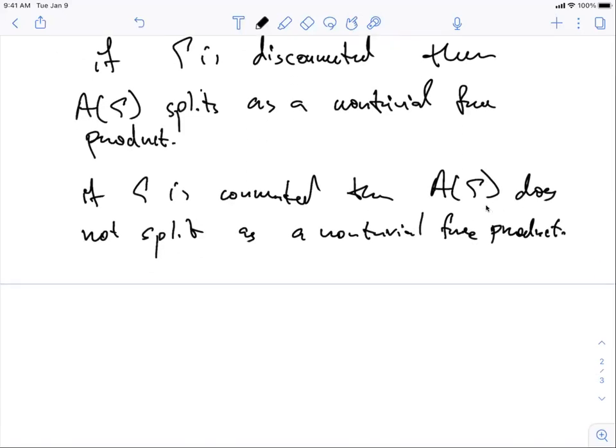Another example, which I find to be very intellectually satisfying, is the problem of hidden subgraphs or hidden subgroups.